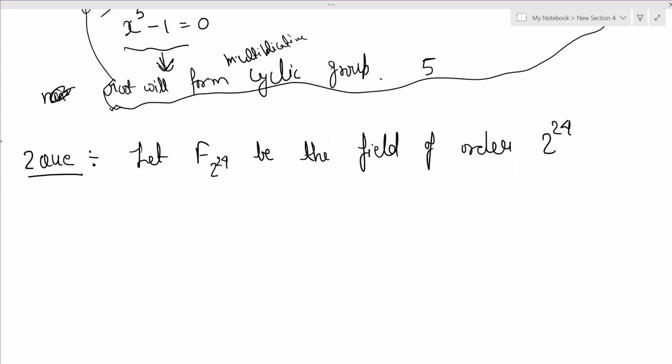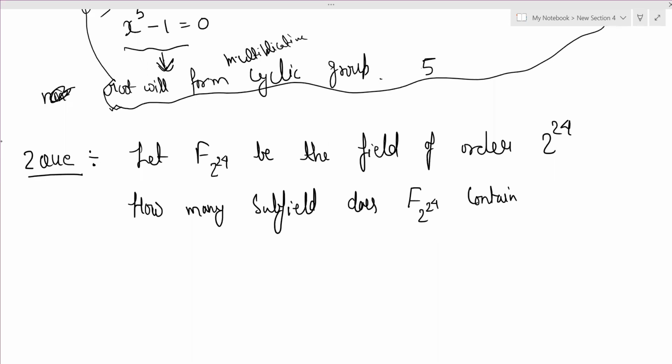How many subfields does F to the power 24 contain, including itself?